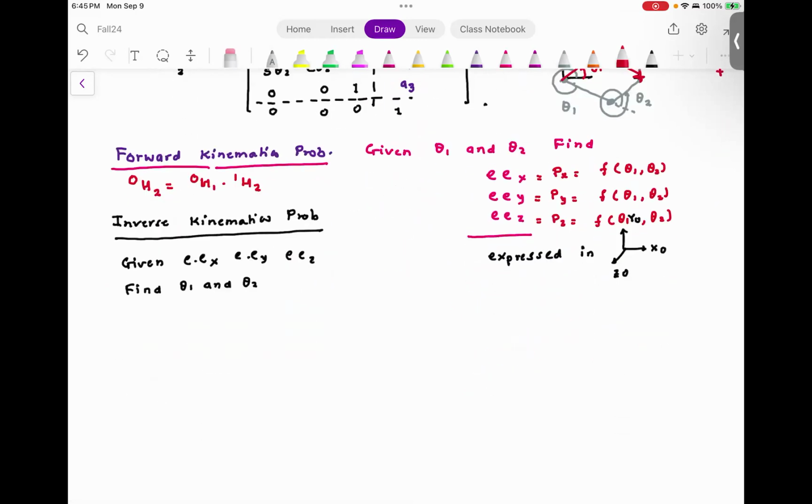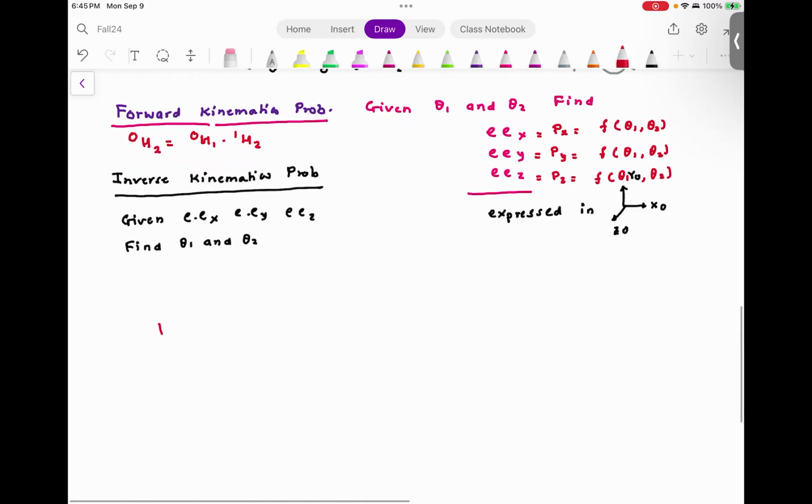But before that, let me draw a very nice figure for the two pendulum problem that we are trying to solve. So this is my hinge number 1. This is my frame 0. On this frame 0, this is my x0. This is my y0. There is a non-zero theta. So this is my theta 1. And here, I have my second frame.